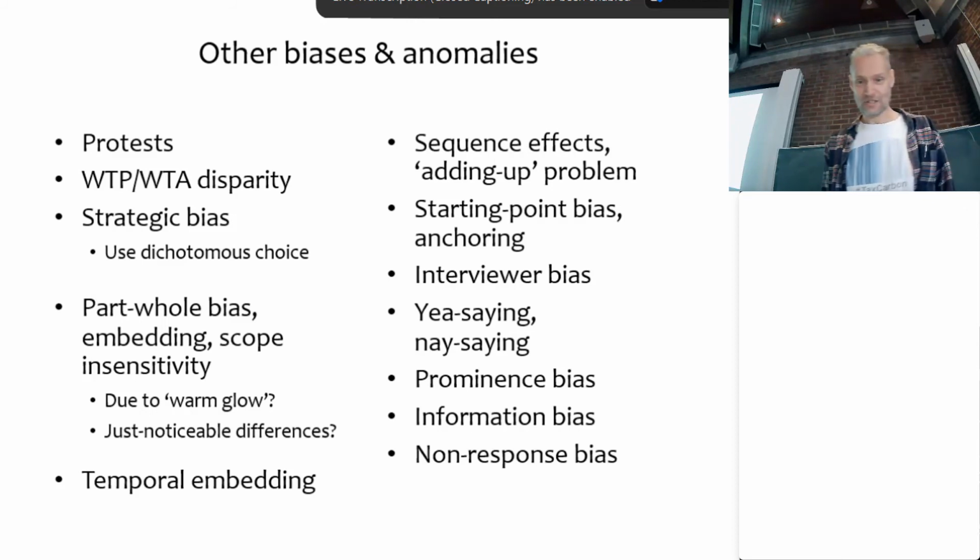One is the so-called warm glow effect, and that is that people don't buy the environmental good, but people buy warm glow. And the sort of behavioral explanation here is that the way people think is there's lots of misery in the world.